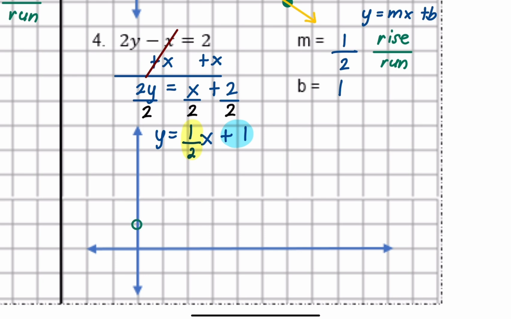We have 1. So what's the coordinate? So again, since we are talking about y-intercept, x is always 0 and then 1. So from this point, what is our rise? We have 1. So from this point, we're going to go up 1 unit, and then run is 2. So we have 1, 2. This is the next point.